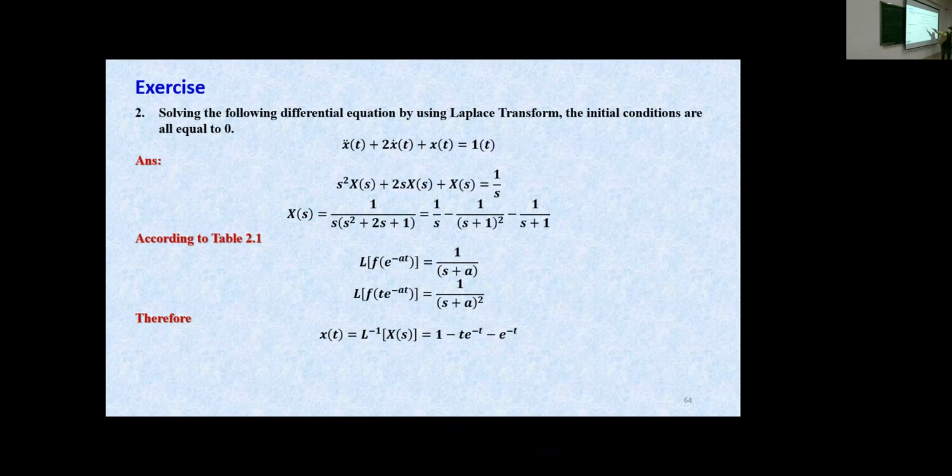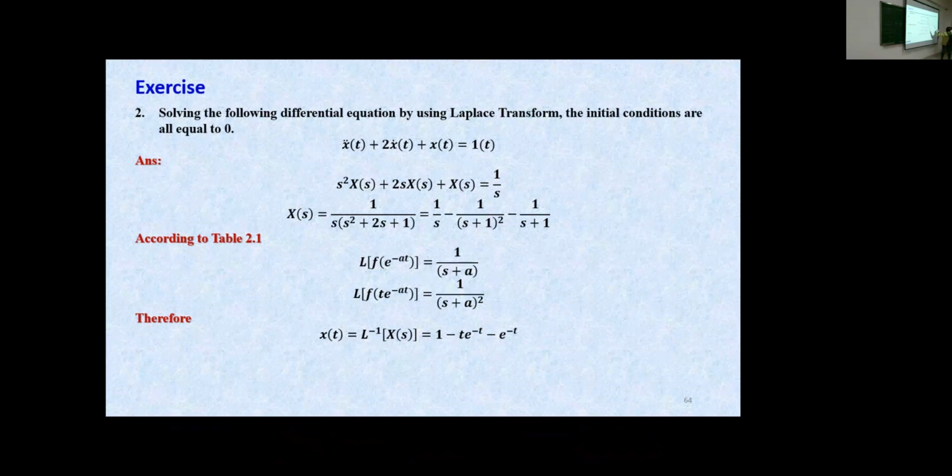How about the second order derivative? We have s squared here and 2 times s times, and just operate. And this is the point where people usually make mistakes.